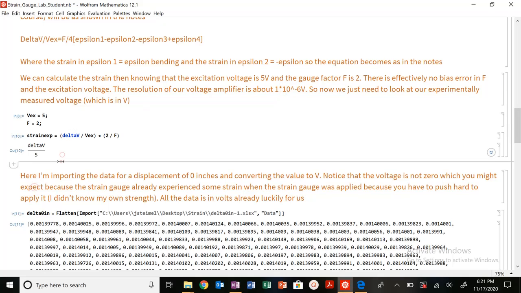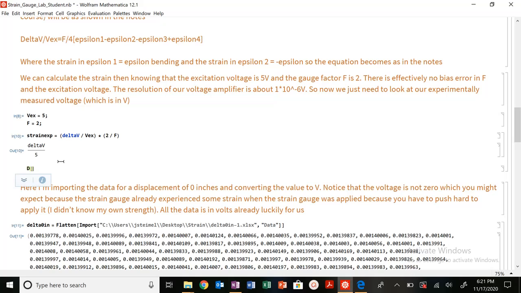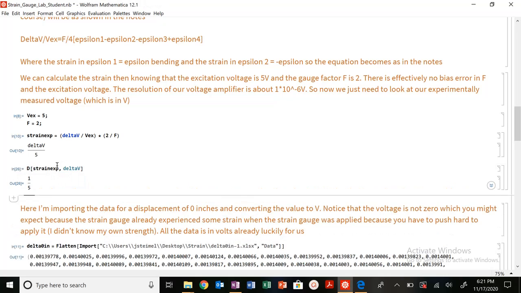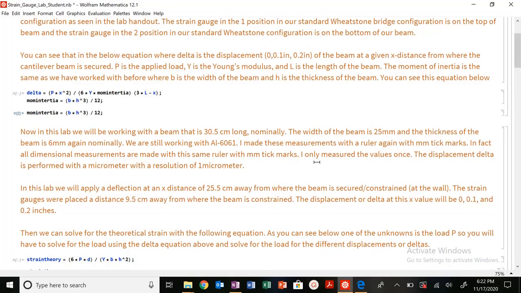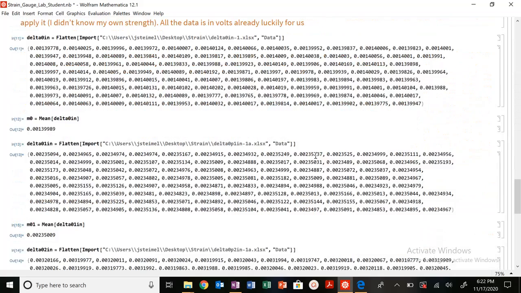So we're going to need to take this strain equation and take the derivative of strain experimental as a function of delta V, and multiply that by the uncertainty that's given right here. So for the experimental, there will be bias, and then there will be precision. For the theoretical, there will just be bias error. There's no precision. There's no multiple measurements. So that's it. Do this.